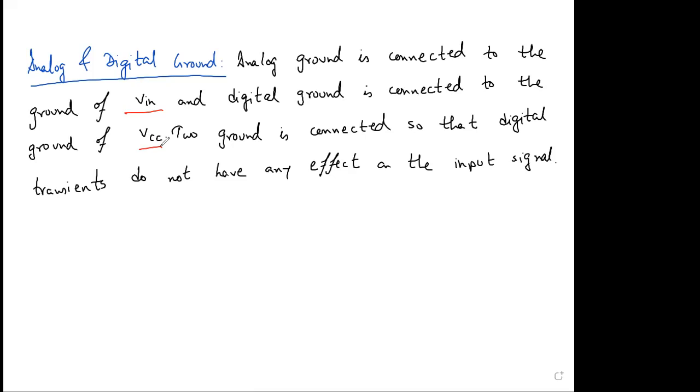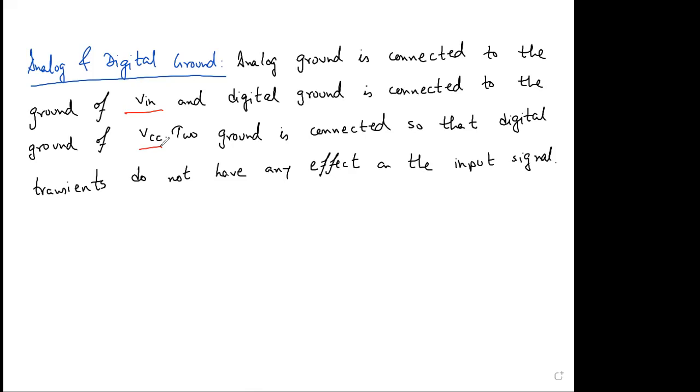All right, so to ensure that this type of digital transients do not affect our analog input signal, we have two separate grounds. This is one of the ways of understanding this, and this is the most appropriate way.